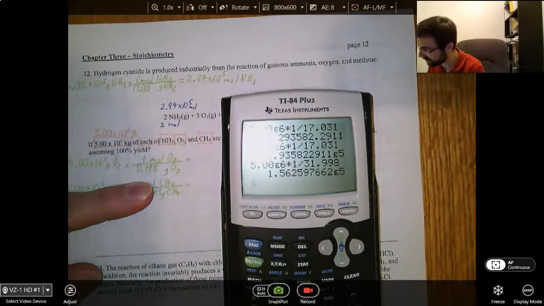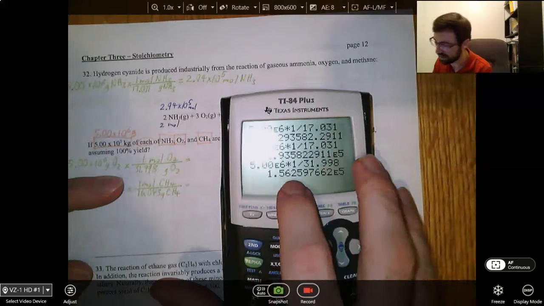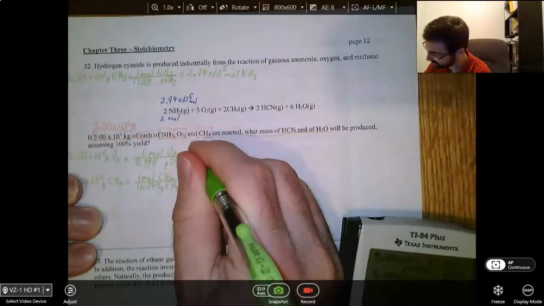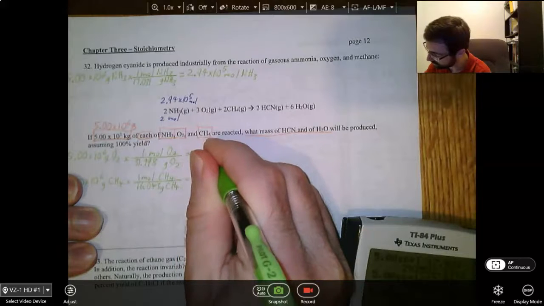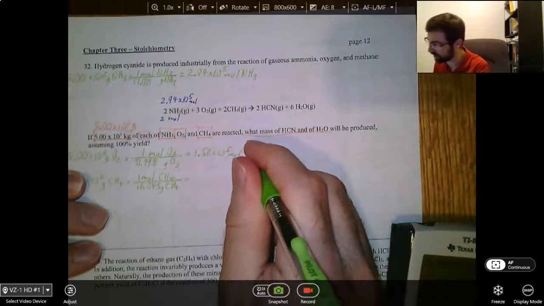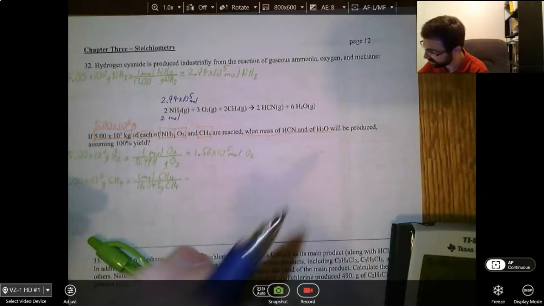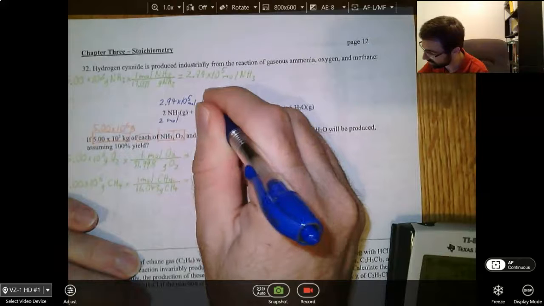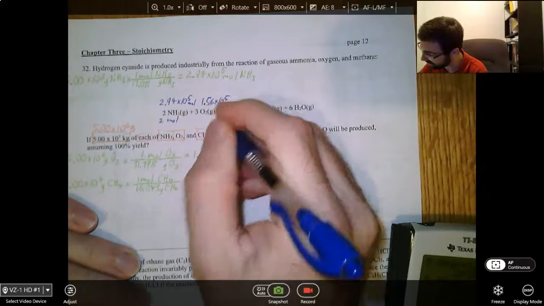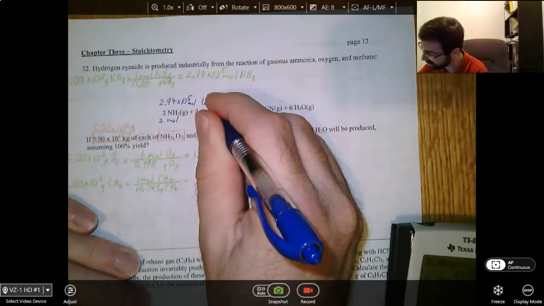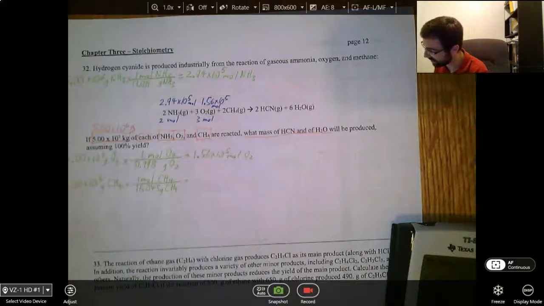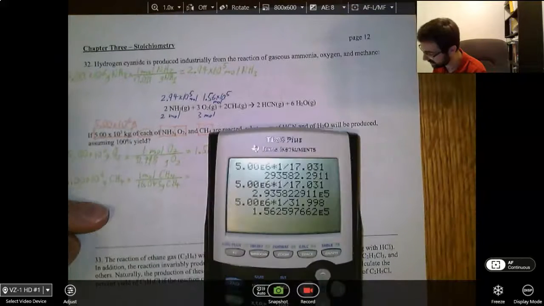Okay, 1.56 times 10 to the 5th moles of O2. And we can write that up here. 1.56 times 10 to the 5th. Put a 3 down here. And by the way, that would be moles. This is moles. Okay.